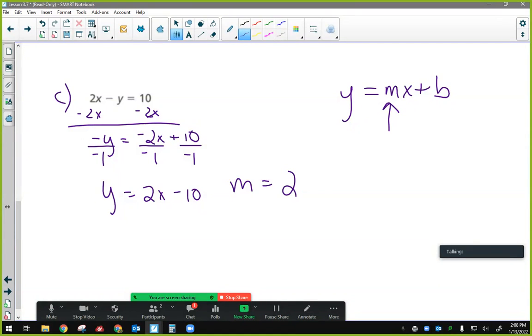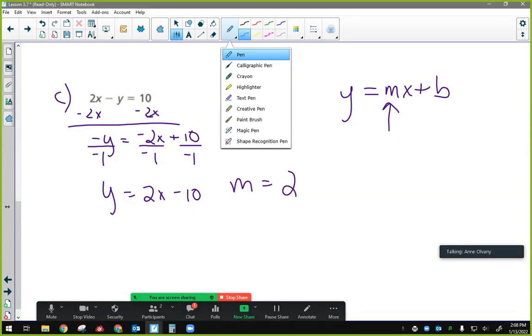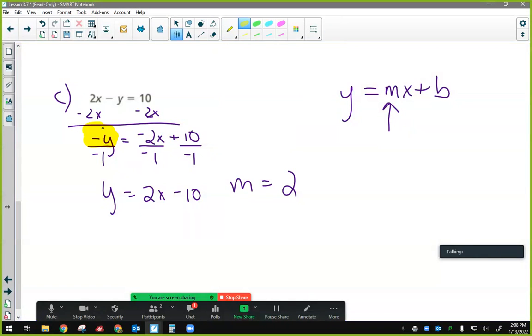Okay? Nora, yeah, because remember, right here, this coefficient is -1. So I don't want negative y, I want y. So I have to divide by -1 every single term. Okay? Anyone else have a question?